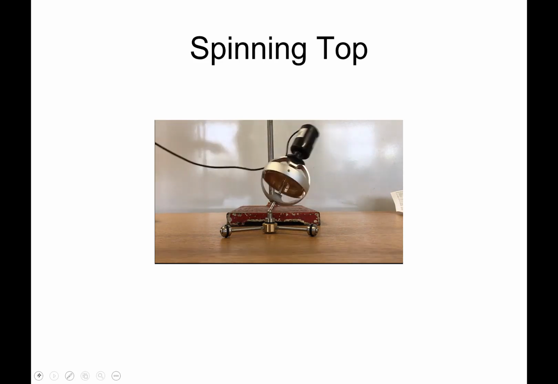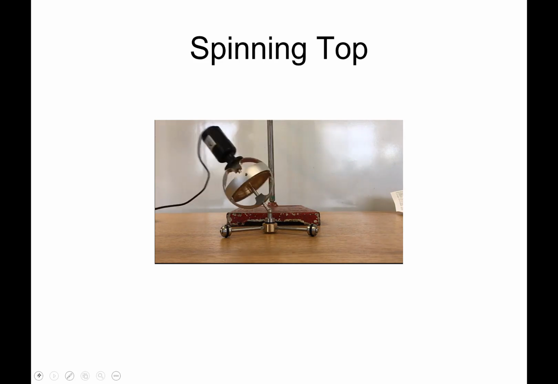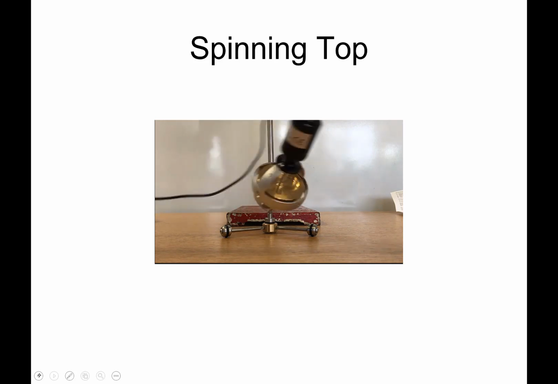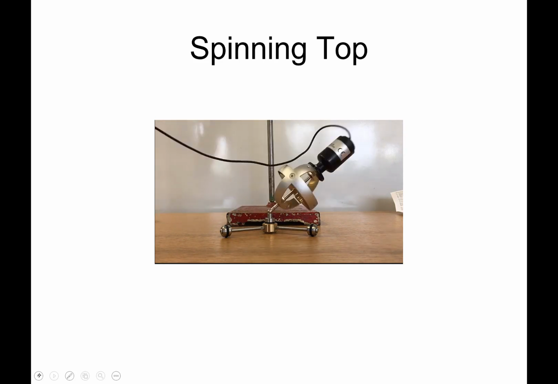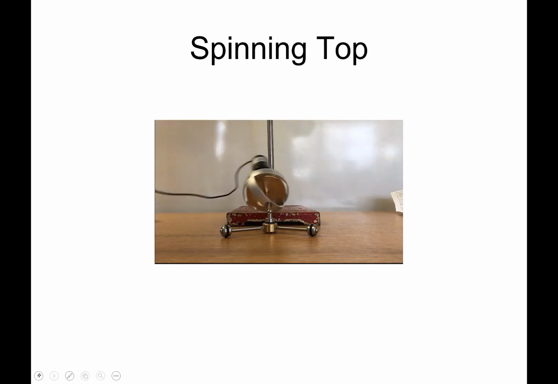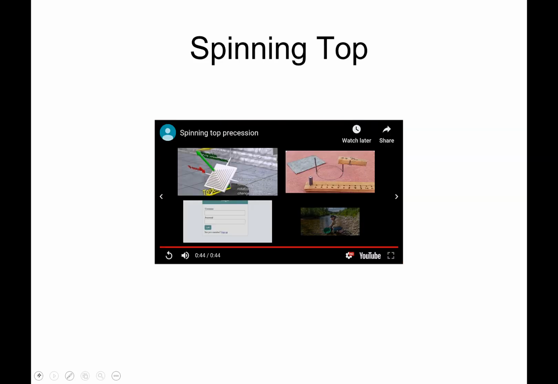So there is my nucleus spinning on the inside, and there it's precessing around. That's the kind of motion that we see for that spinning gyroscope: the nucleus spinning on the inside, spinning around, and then precessing. I'll come back to the precessing.